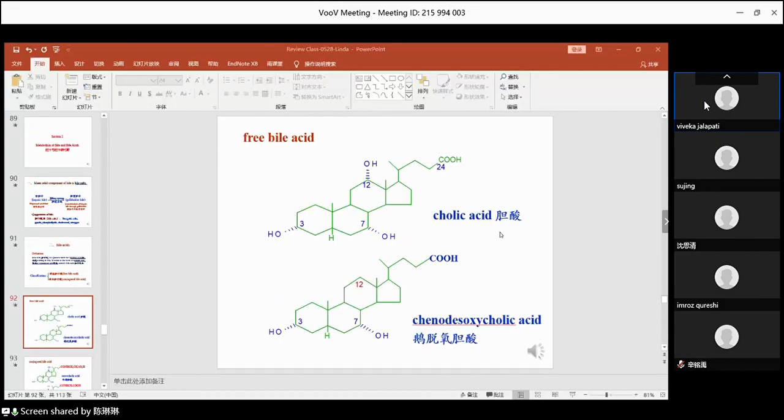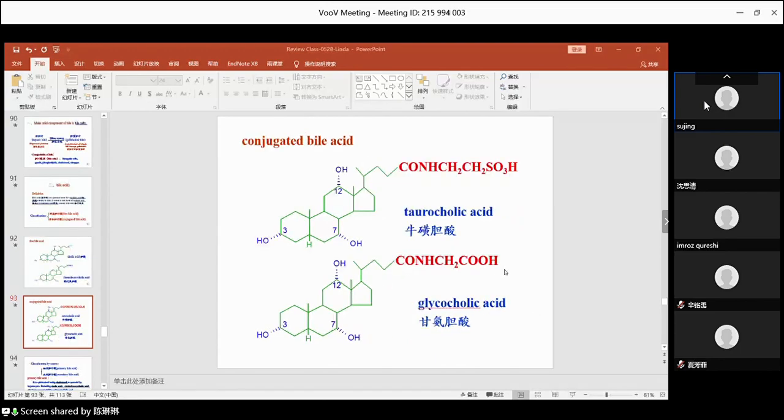You should remember cholic acid and deoxycholic acid. They are examples of free bile acids. And for the conjugated bile acids, they are taurocholic acid and glycocholic acid. You should remember these examples very clearly, okay?